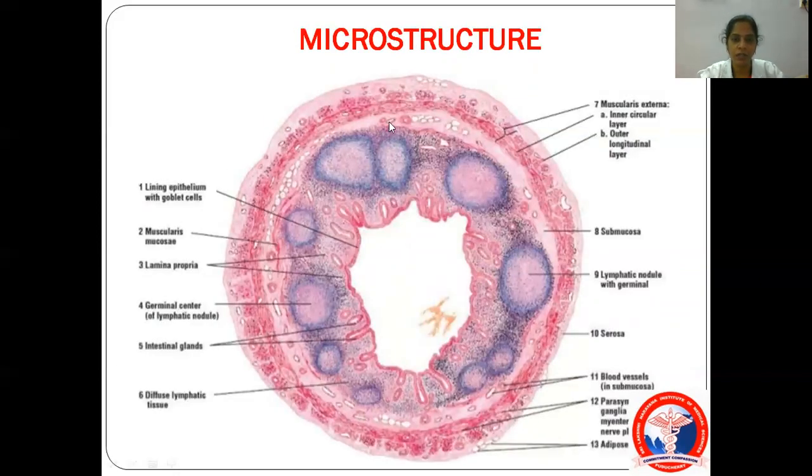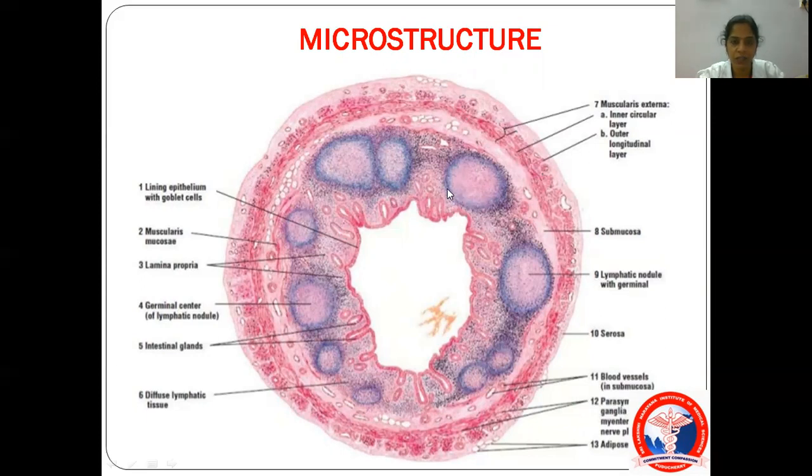Now coming to the microstructure of the appendix. You know the layers of the GIT: mucosa, submucosa, muscularis externa, and serosa. Here you can see these layers.